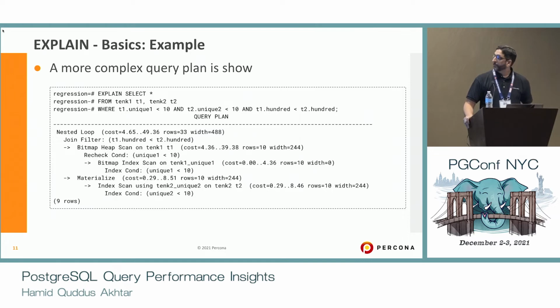Here is a more complex plan with a few joins, a few filter statements, and a few other things. You can see that a plan has certain rows, for example, bitmap index scan and index scans.